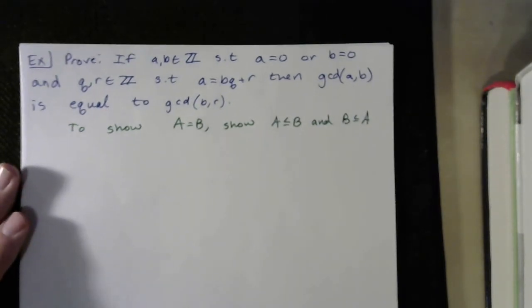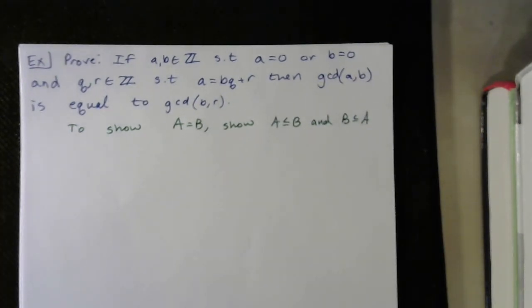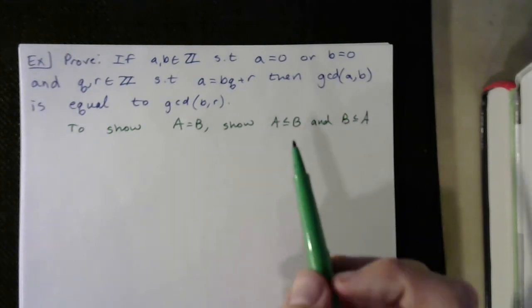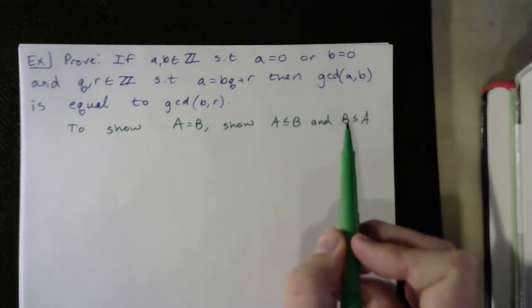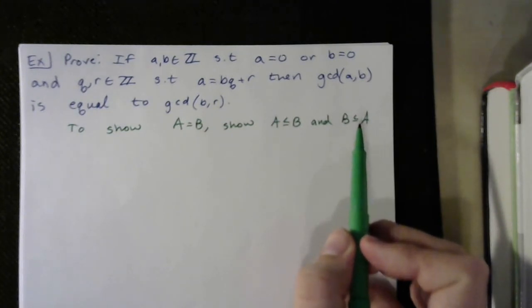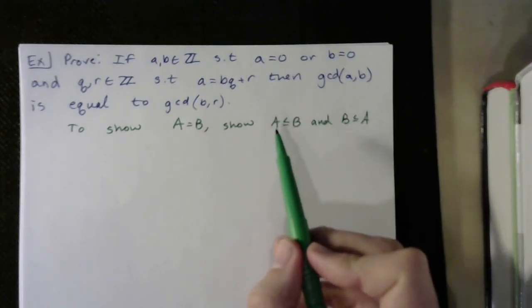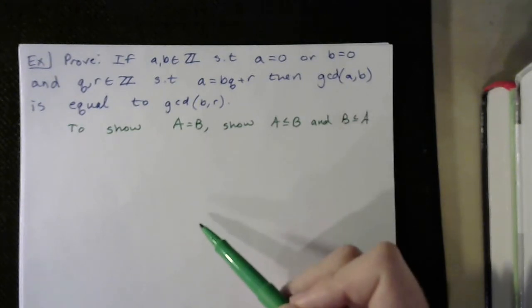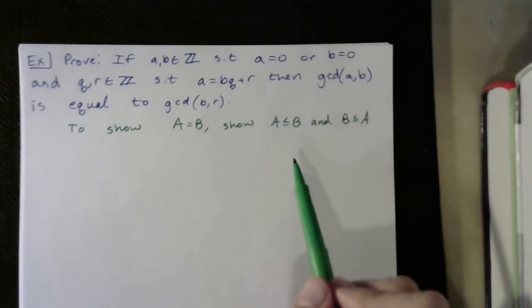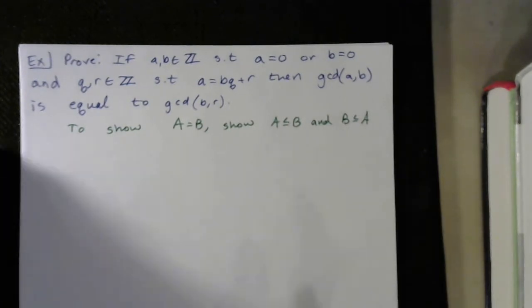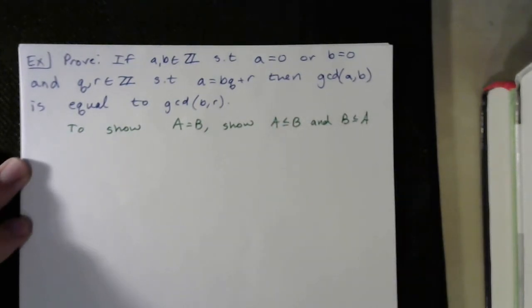In your homework, you may have come across this when showing equality. This is how we want to do this: show that one thing is less than or equal to the other, and the other is less than or equal to the first. Because if this conjunction is true, then there's no other case but that they're the same, because a can't be less than b and b can't be less than a at the same time.